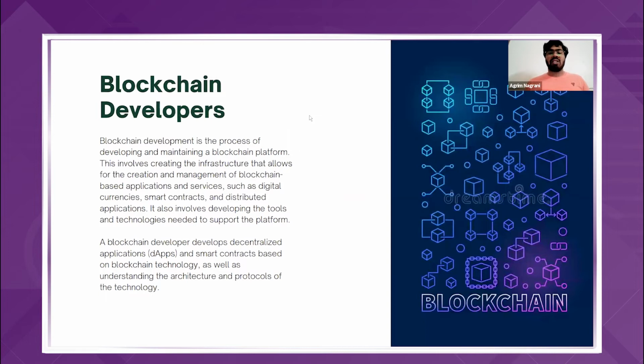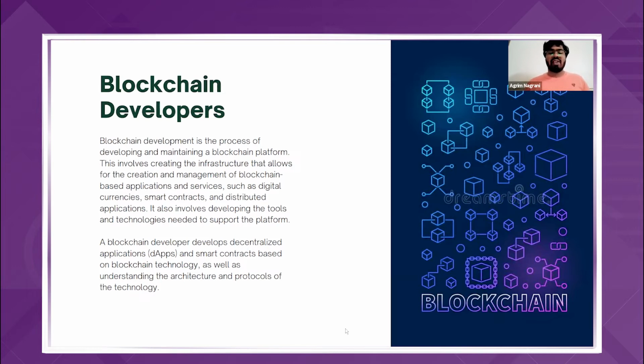Now coming to the blockchain developers, who are creating the tokens, writing the smart contracts, and creating decentralized apps, blockchain architecture, infrastructure, everything. It involves creation of digital currencies, then smart contracts, then distributed applications, DLTs, and also preparing tools and support platforms to run this ecosystem smoothly and efficiently.